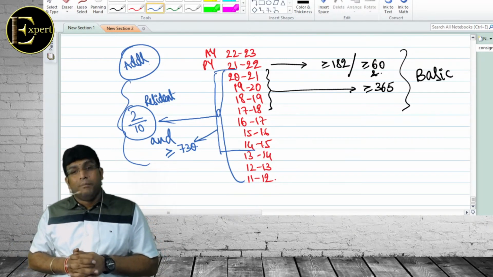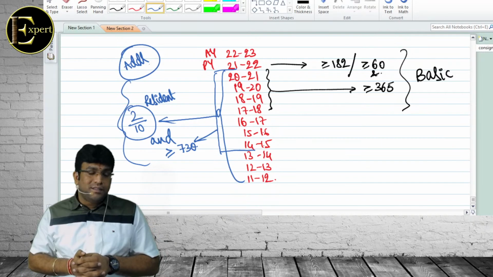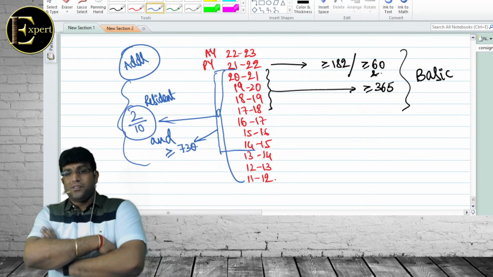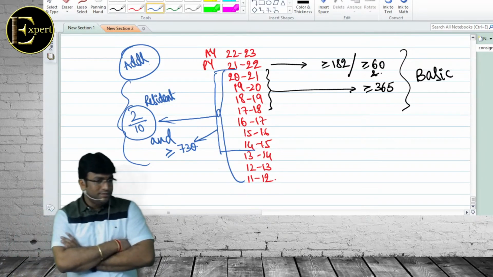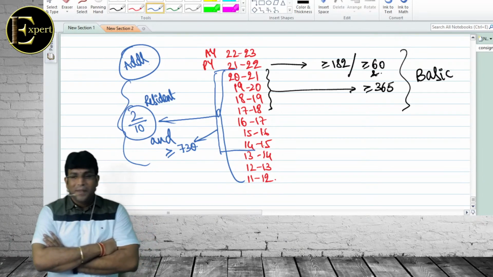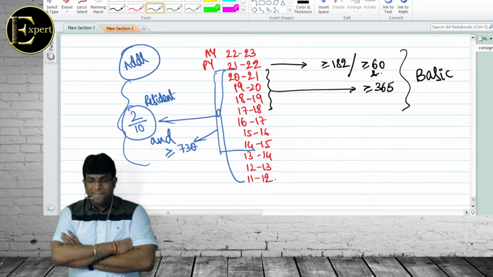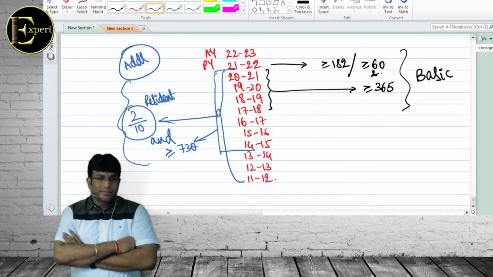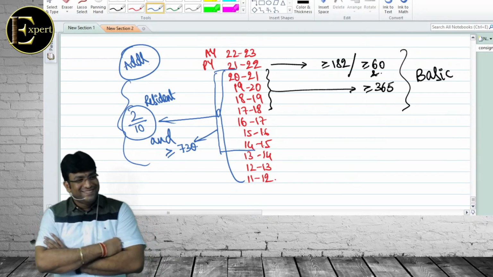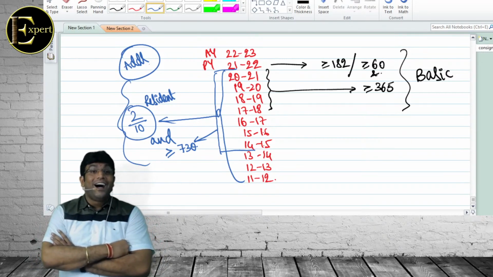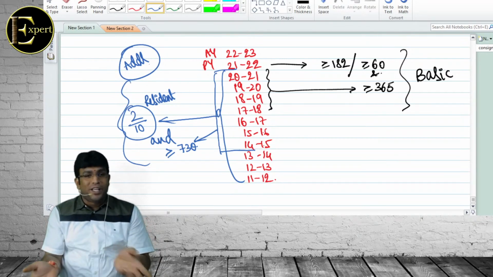On 15th October 2021, what is his residential status? ROR. क्यों बेटा? Because they have 182 days or more.